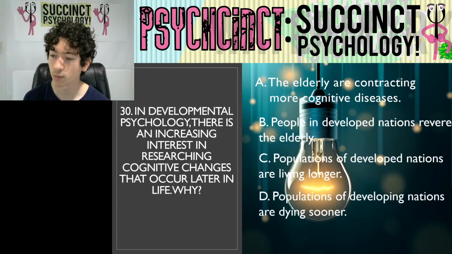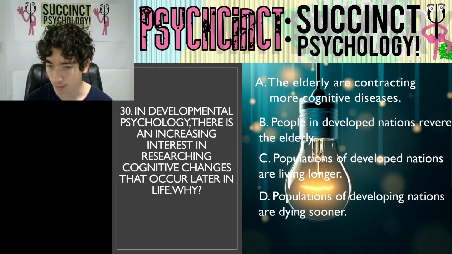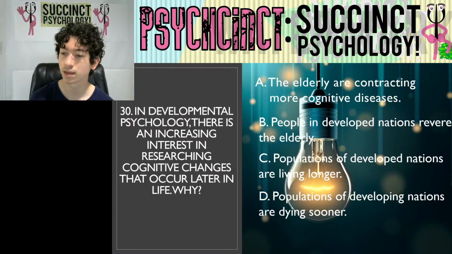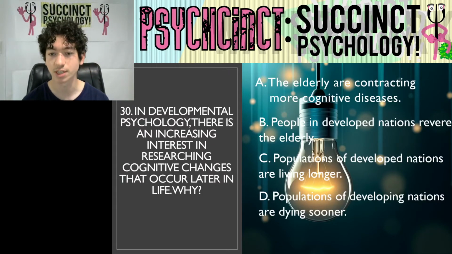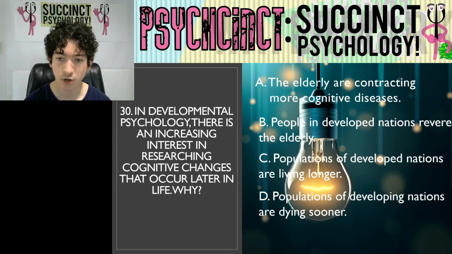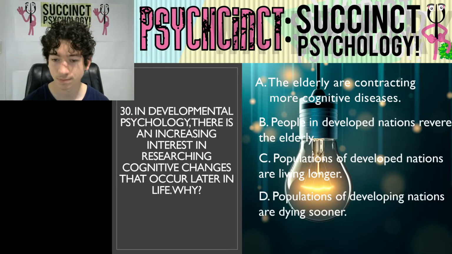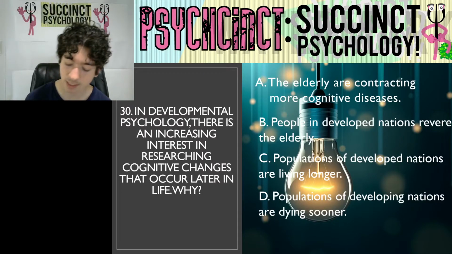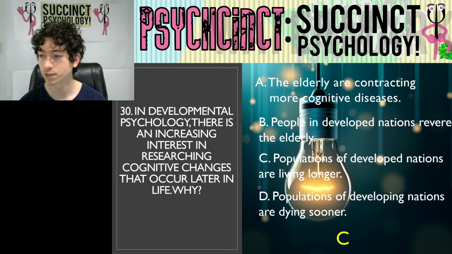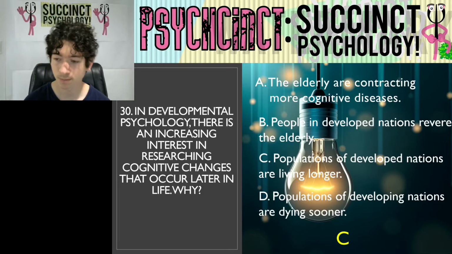Or is it that populations of developing nations are dying sooner? Think about the changes in technology and medicine, the advancements that have occurred in recent times, and you will find the answer. It is because C, populations of developed nations are living longer. There is a more available sample to study.